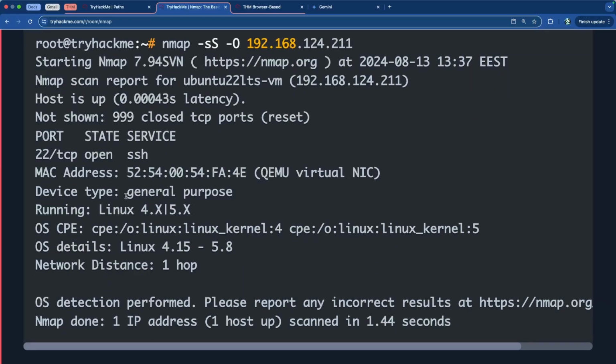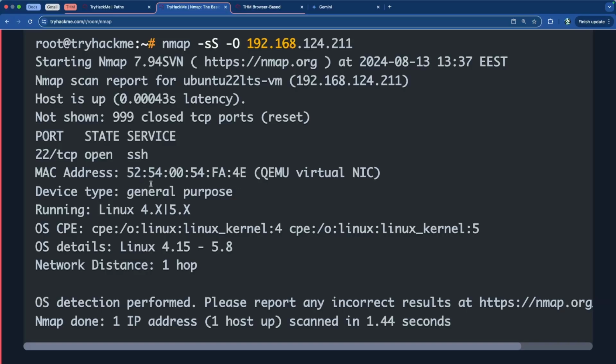So if we look at it right here, for port 22, it's open, the MAC address is this, device type is general purpose, running Linux 4.x or 5.x, and then Linux kernel right here, 4.15 to 5.8, network distance 1 hop, right? And because we're getting the MAC address, it implies that we're on the same network, and then it only took 1 hop to get there. So that's some of the things that we can conclude from this.